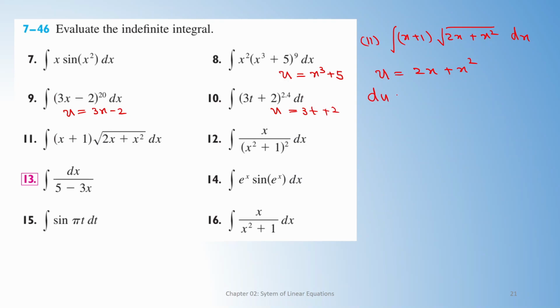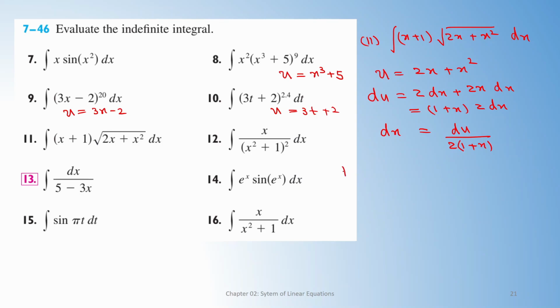Du is equal to 2 times the differentiation of x, which is dx, plus the differentiation of x squared, which is 2x, times the differentiation of x, dx. Now you can see 2 dx is common: 1 plus x, 2 dx. Then you get dx is equal to du over 2 times 1 plus x.